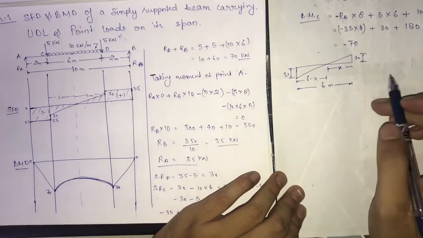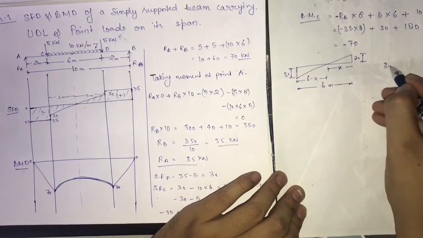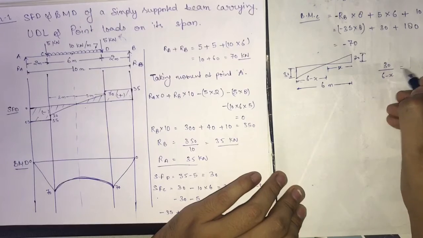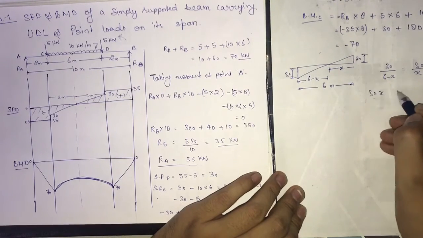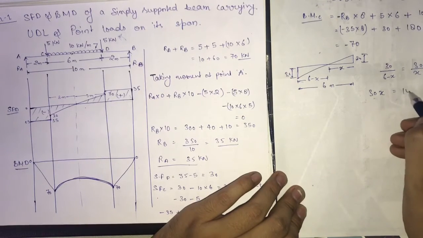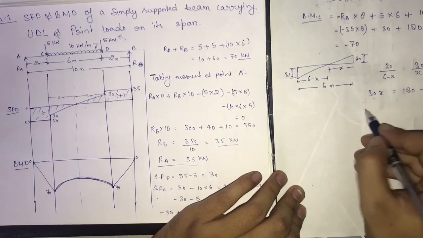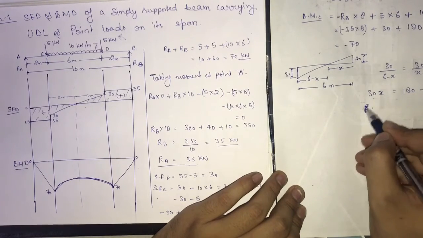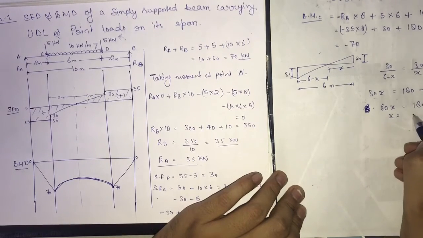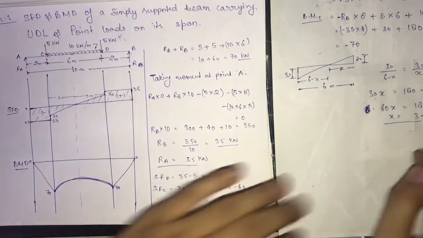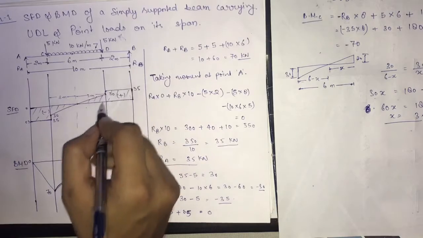According to the theory of similar triangles, 30 upon 6 minus x is equal to 30 upon x. So 30x equals 180 minus 30x, so 60x is equal to 180, x is equal to 3. So here we have the distance of the point of contraflexure. It is 3 meter from this point.